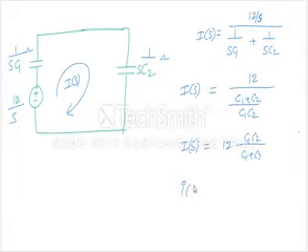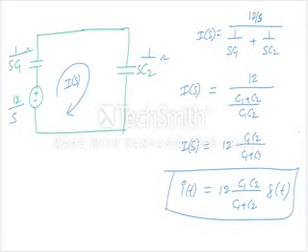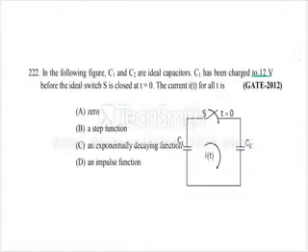From this, i of t is the inverse Laplace transform: 12 C1 C2 by C1 plus C2 into delta of t. So what is the function here? An impulse signal. Right.